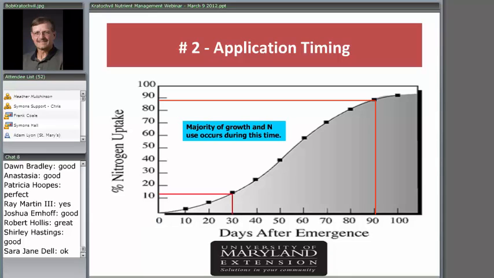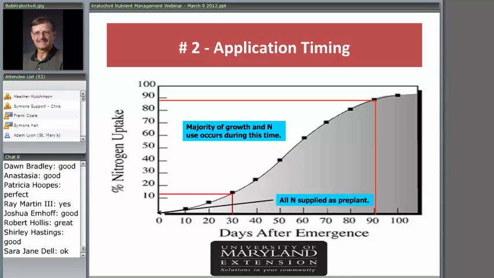Early on in the corn growth, looking at this period right here, you can see that we have little nitrogen uptake. The majority of the nitrogen consumption occurs during this phase right here, approximately 30 days from emergence to about 90 days following emergence. That's when the majority of nitrogen is going to be consumed.